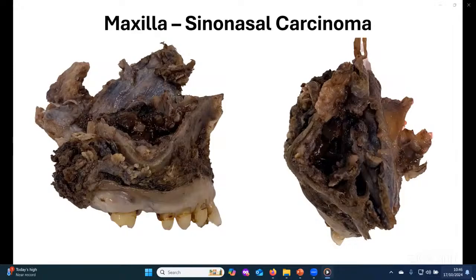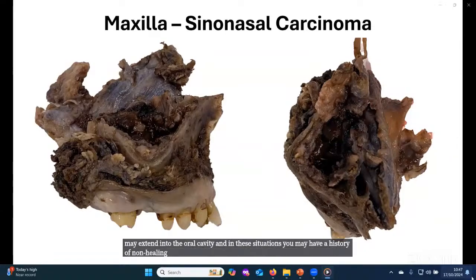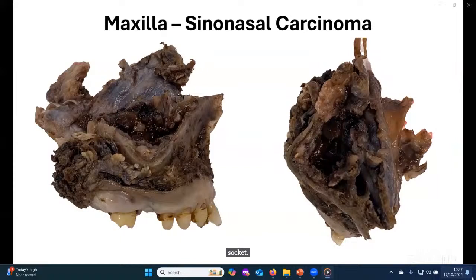Another thing to consider in oral cavity tumours is the potential site of origin. Sometimes late stage sinonasal carcinomas may extend into the oral cavity, and in these situations you may have a history of non-healing socket. This individual underwent a hemimaxillectomy.